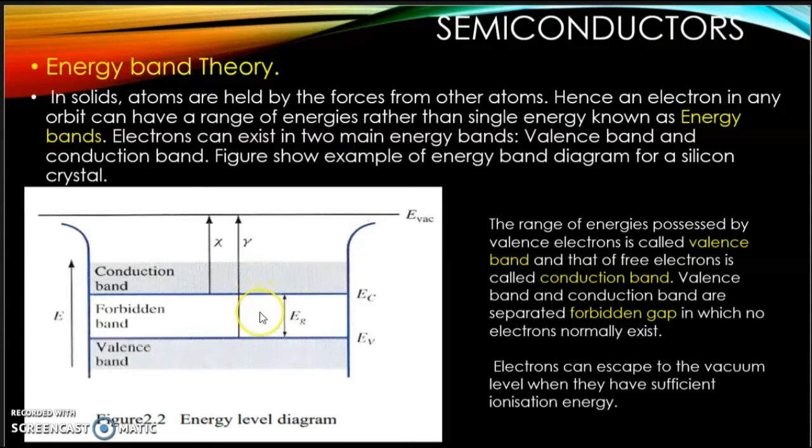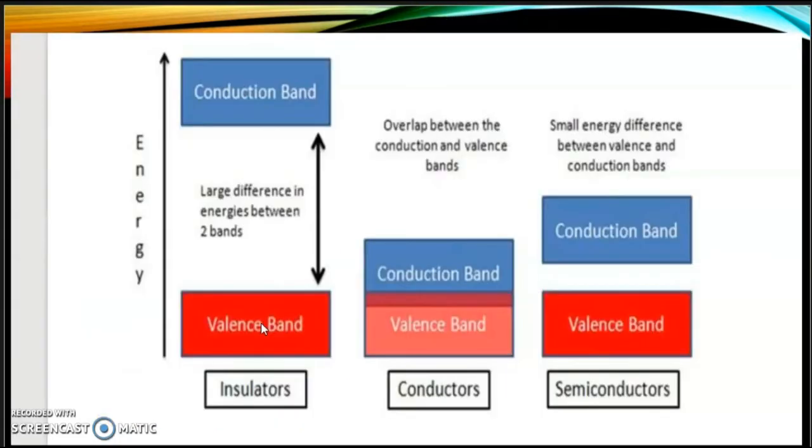For an electron to conduct, it must gain enough energy, that is ionization energy, to overcome this vacuum here, which is the forbidden gap. So let's look at how the energy levels are grouped or presented for these three types of materials we have already grouped. We said we have insulators, conductors, and semiconductors.